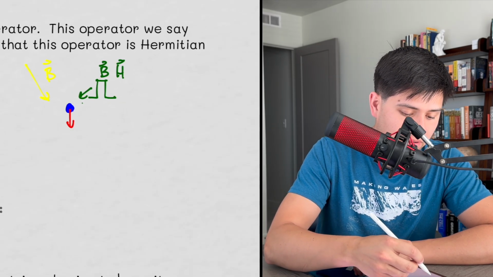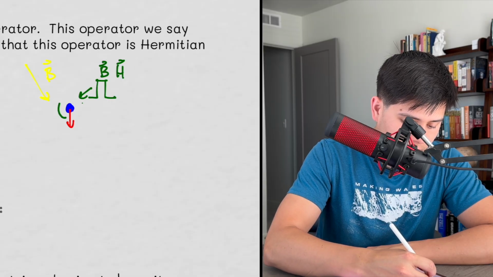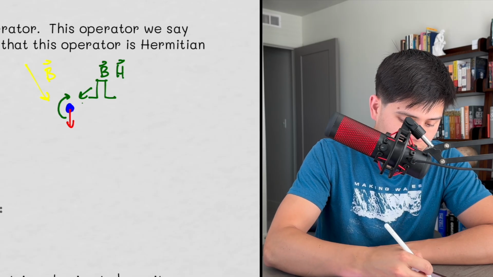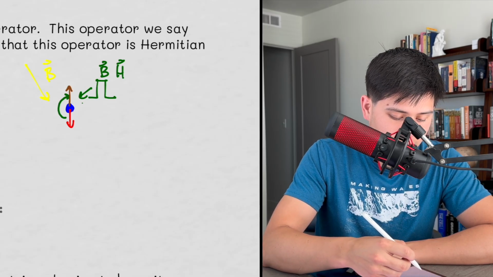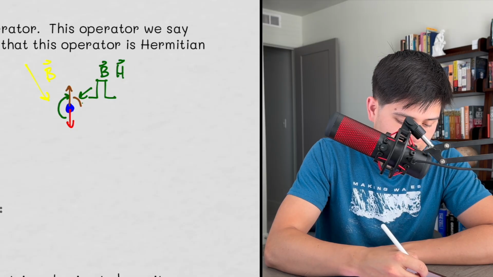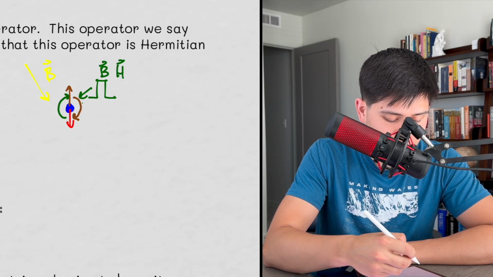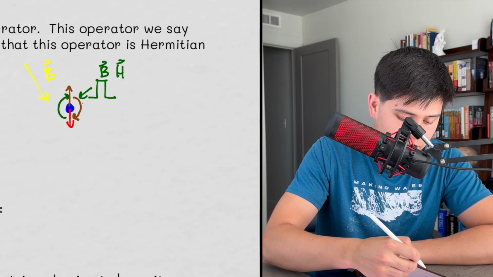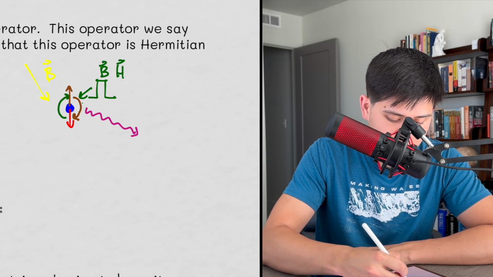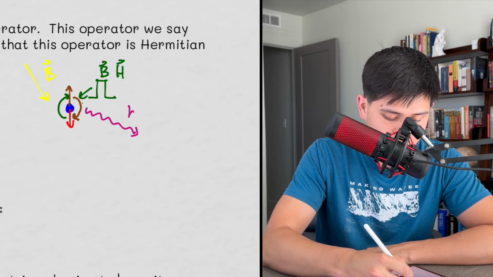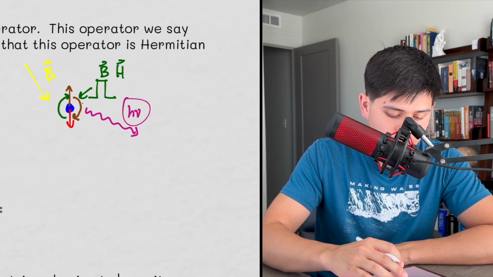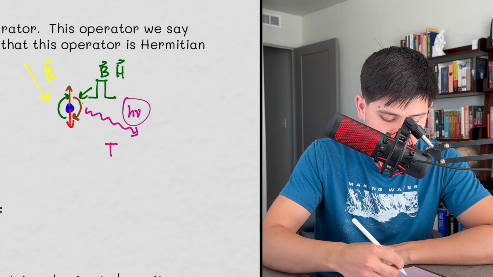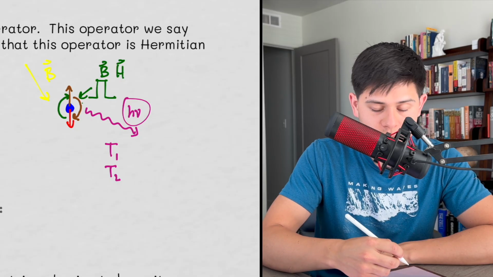When the pulse is applied, the particle goes to an upstate, and then after the pulse is done, it relaxes back down to the spin down state, and as it relaxes back down, energy is released in the form of photons, say, and we can measure that. And the rate of release is going to be given to us by these T1 and T2 variables, as we'll see later.